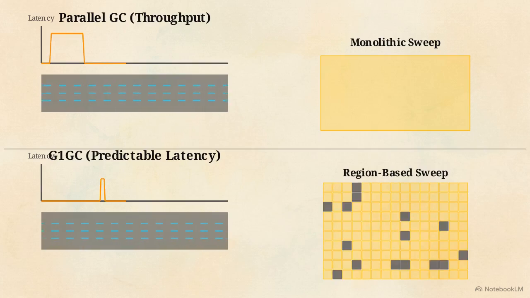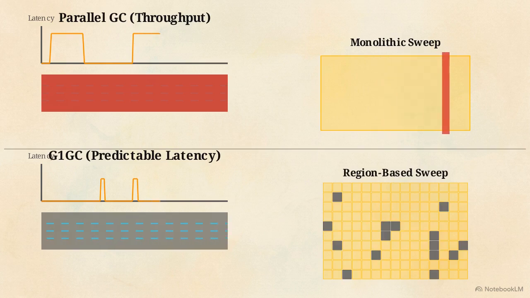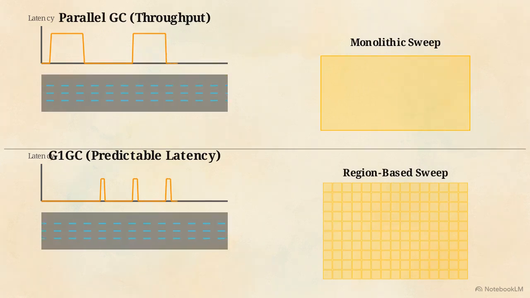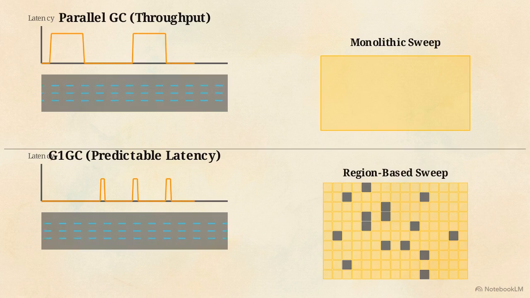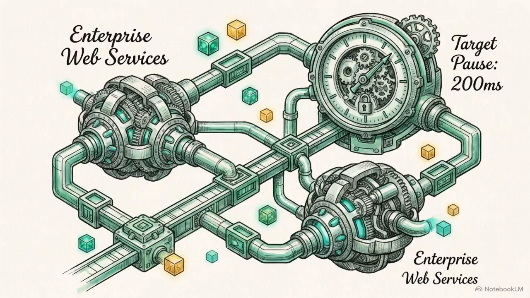While parallel GC is ideal for offline batch processing, G1 GC divides the heap into thousands of independent regions. It tracks and cleans the most garbage-dense areas selectively within a target time window. This targeted scope allows operators to set an explicit maximum pause time, making G1 GC the standard for enterprise web services with large memory requirements.